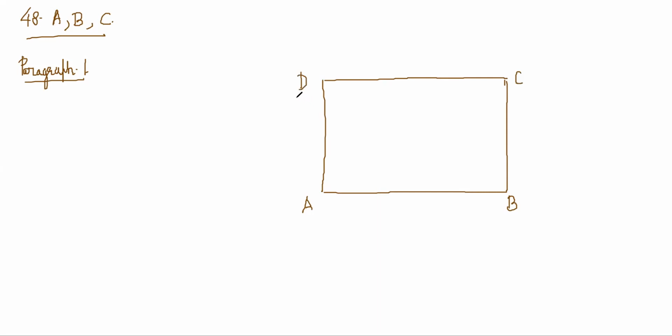Did you draw the figure while you were trying? Yeah. You didn't get any ideas? No. ABCD is a rectangle with AB equal to a and BC equal to b. Circle is drawn passing through A and B, touching side CD.